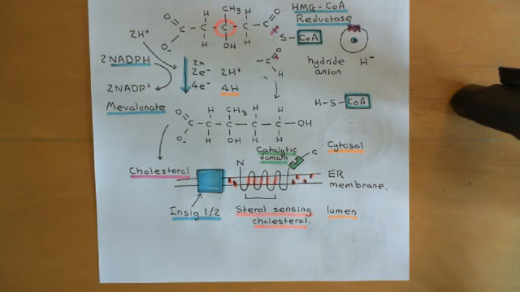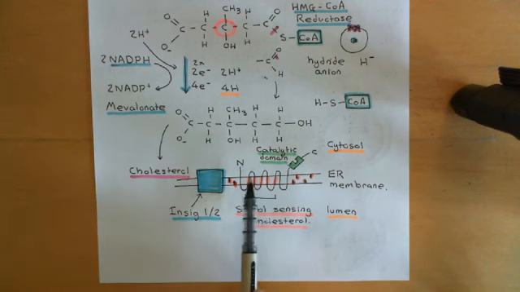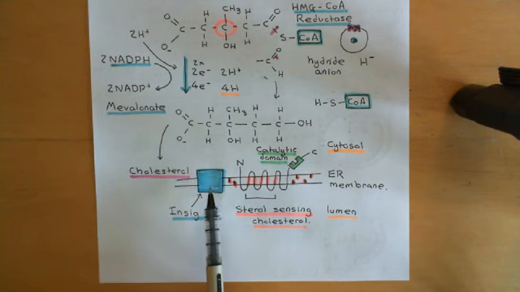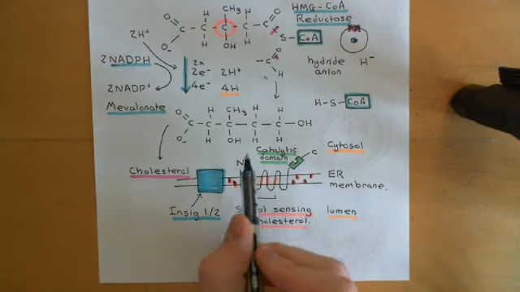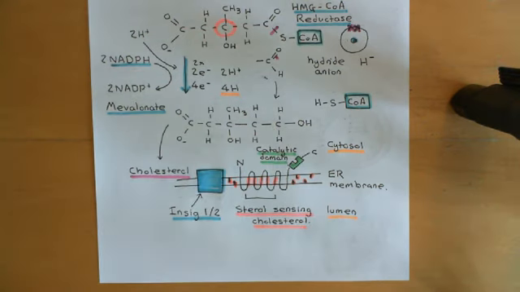So when cholesterol goes up inside the cell, that's going to cause cholesterol in the ER membrane to go up. It will bind to the sterol sensing domain of our HMG-CoA reductase enzyme. That will change the conformation of the enzyme so that it can now bind to the INSIG1 or INSIG2 protein. When the HMG-CoA reductase binds to INSIG1/2, this leads to the HMG-CoA reductase being destroyed by the ubiquitin proteasome pathway.